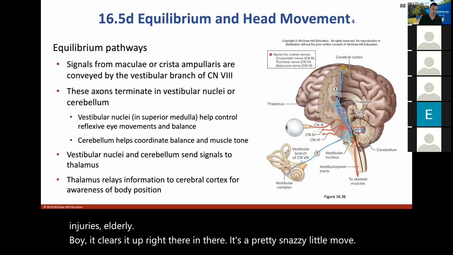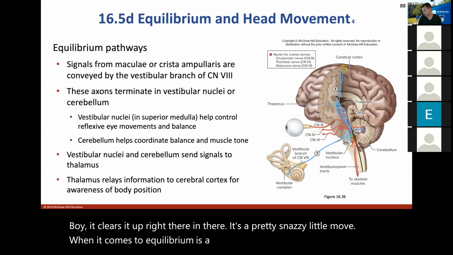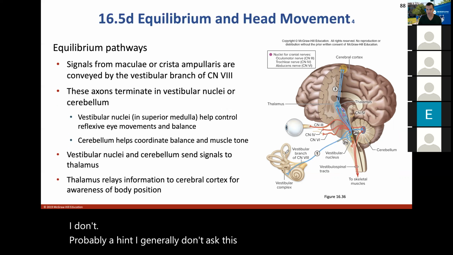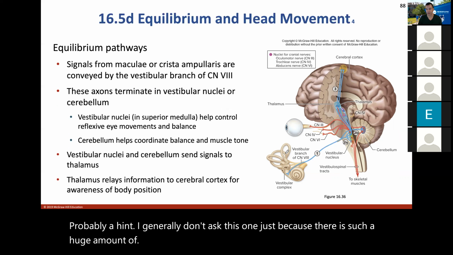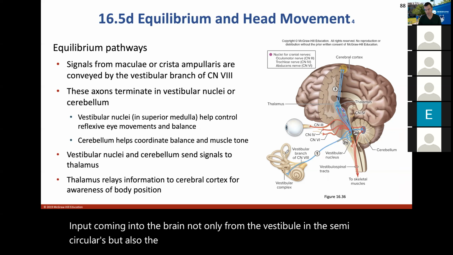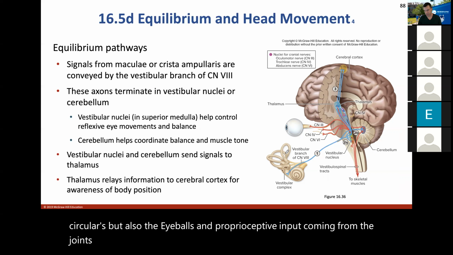When it comes to equilibrium, it is a very involved type of sensation. There's a number of nuclei involved in here. I generally don't ask this one just because there is such a huge amount of input coming into the brain, not only from the vestibule and the semicirculars, but also the eyeballs and proprioceptive input coming from the joints, GTOs, spindle fibers.